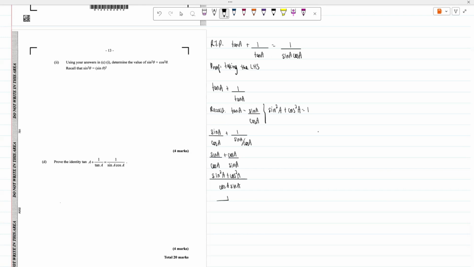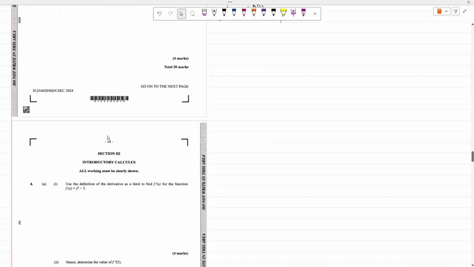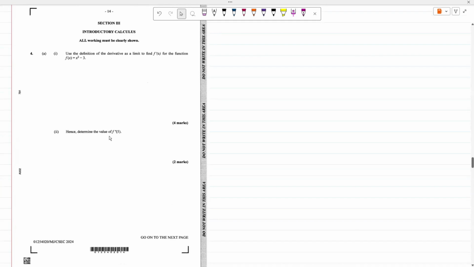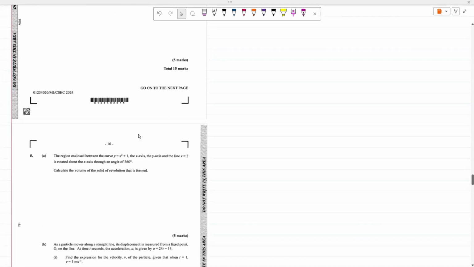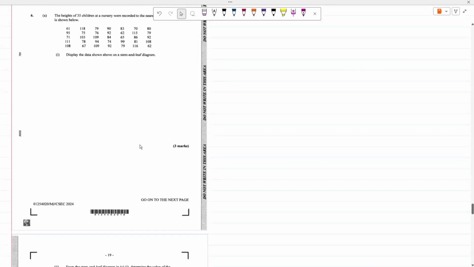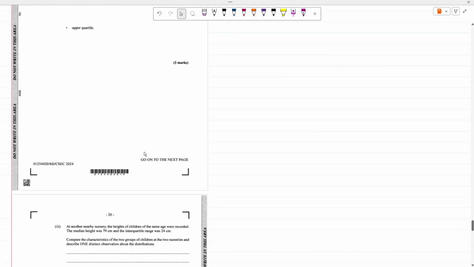So I'll end up with 1 over, and I'll put the sine A first because multiplication is commutative, 1 over sine A cos A, which is equal to the right-hand side, QED. Yeah? Number 4 already, boy? Number 4, number 5, and number 6 are nice, isn't it?